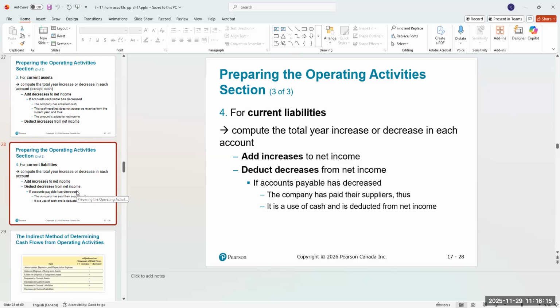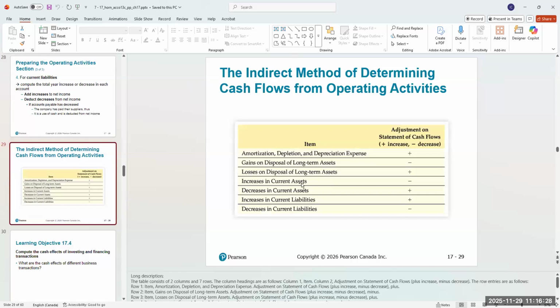If we're decreasing our liabilities, that means we're using extra cash. If we're increasing our liabilities, that means we're not paying those liabilities, which is positive for our cash. So that's one thing I want you to have in mind, but don't follow it blindly.